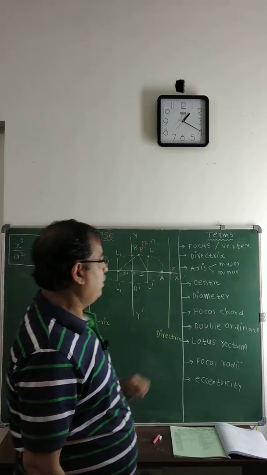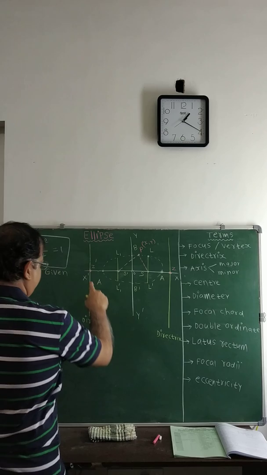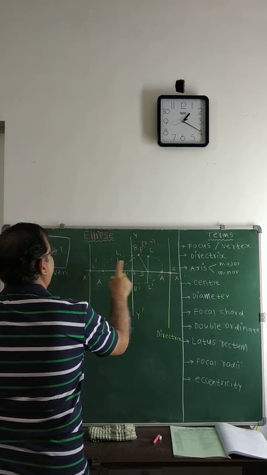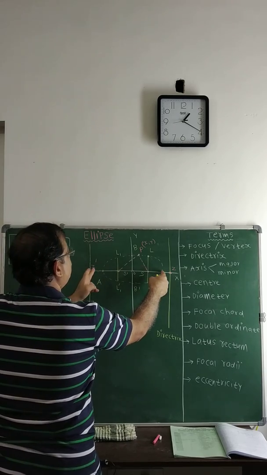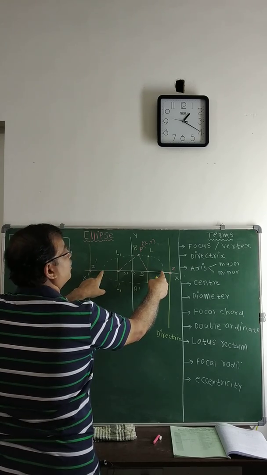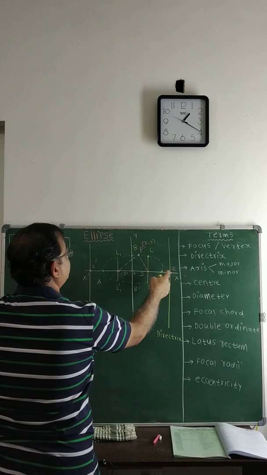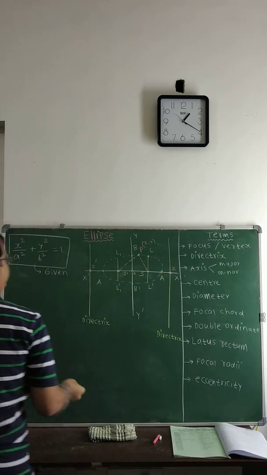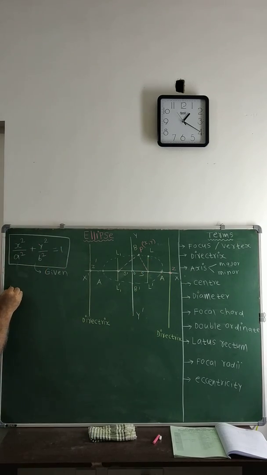Then there is a term called vertex. Now, see here, A and A dash, these are the 2 points on the x-axis, and these 2 points are called vertex of the ellipse. And of course, from the figure it is obvious that the vertex A has a coordinate a comma 0.